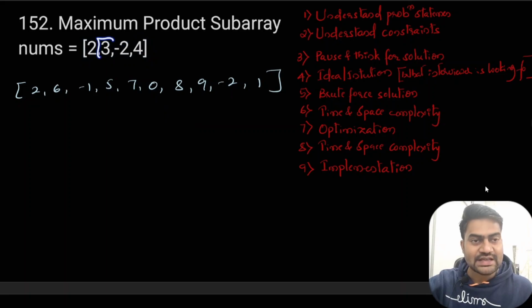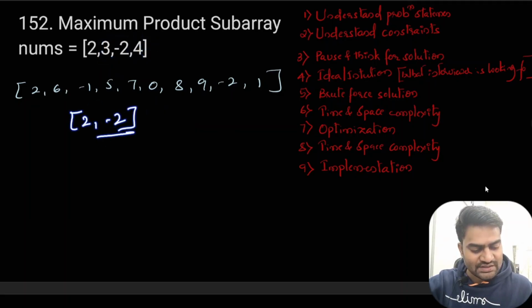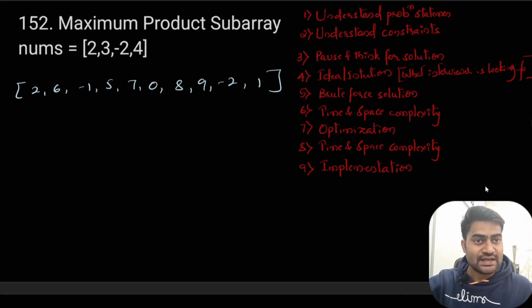Next, 3 can be a subarray, 3, -2 can be another subarray, 3, -2, 4 can be a subarray. We cannot say 2 comma -2 is a subarray, because this is missing the 3 from the array. There should not be any element missing in between. It should contain at least one number, and the numbers should be contiguous.